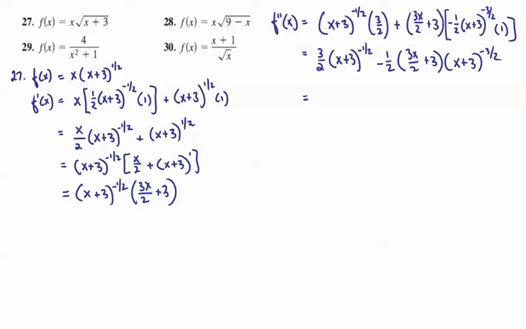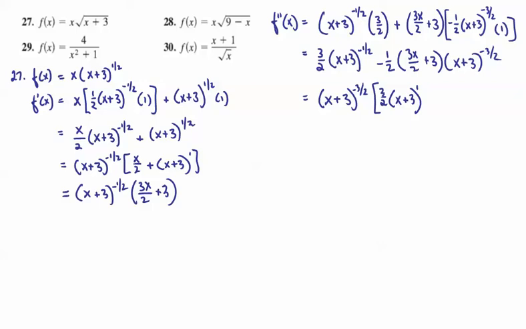Alright, we want to factor out the least common, and so that'll always be the smallest one. Negative 3/2 is the smallest, (x plus 3) to the negative 3/2. So we'll factor that out. Then we'll have 3/2 (x plus 3). Again, multiply two numbers with the same base. Negative 3/2 plus what equals negative 1/2? It's just 1 to the first power.